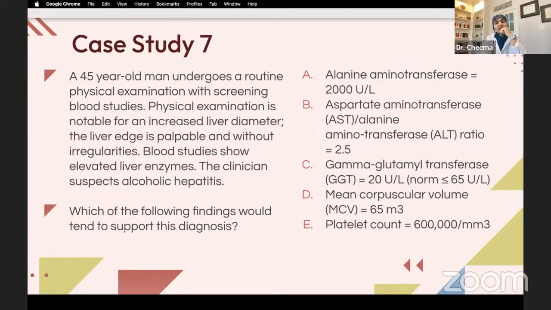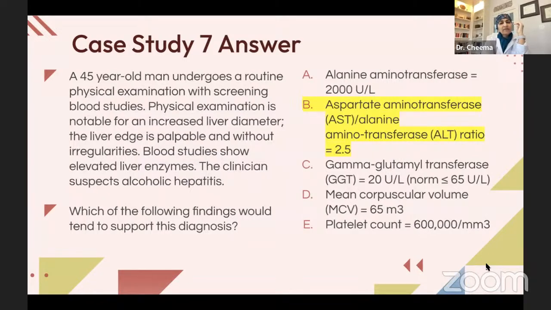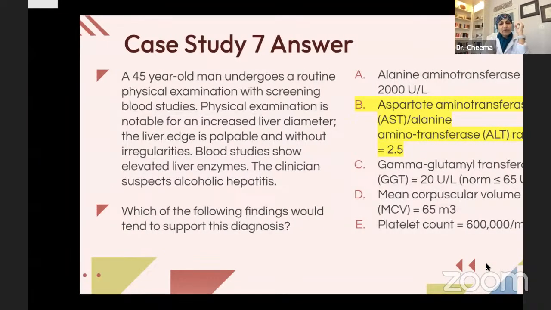So in this case study, we're talking about alcoholic hepatitis. And we're going to talk about how we'll support this diagnosis. So based on these blood tests, I mentioned in the beginning, we do the blood test for any liver disorders. So the answer is B. The diagnosis of alcoholic hepatitis has enough social implications that it is important to be reasonably sure that it is correct before suggesting it.